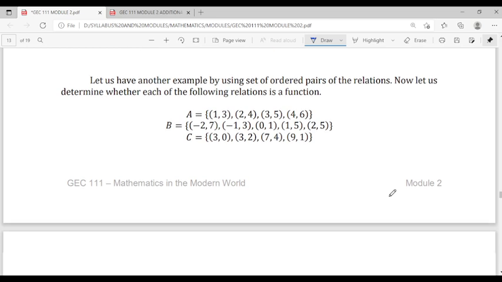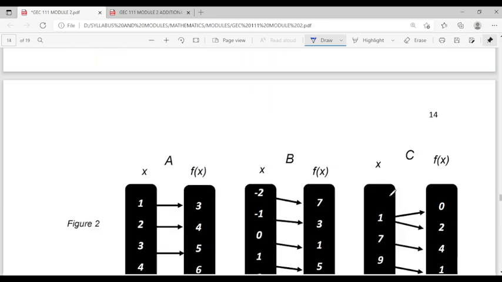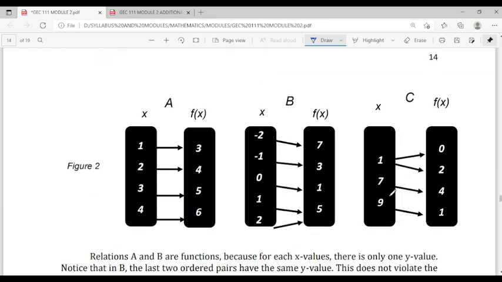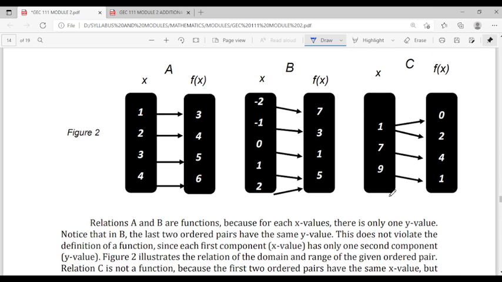So let's take a look at this example. It says here that relations A and B are examples of functions. Kasi there is only one y value. Notice that in B, the last two ordered pairs have the same y value. Itong 1 and 2.